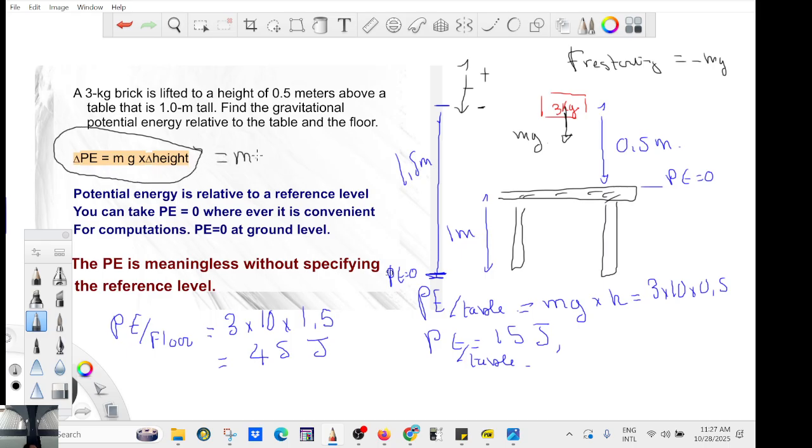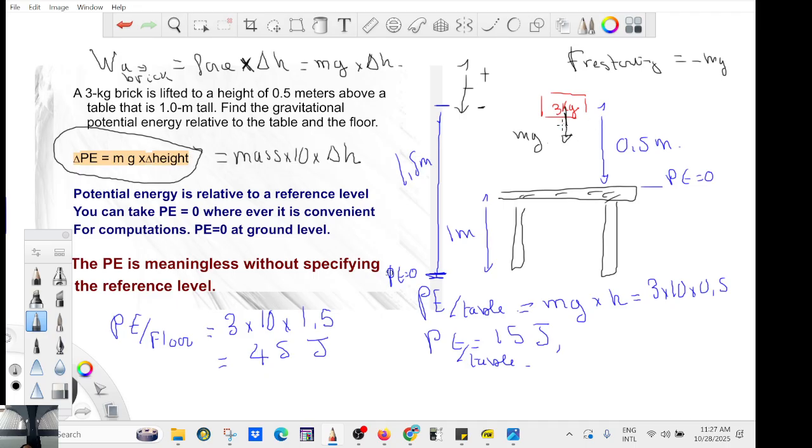It's going to be mass times 10 times delta h. Because work done by you on the brick will be the force that you need to apply times the displacement, and the force that you need to apply equals the weight.